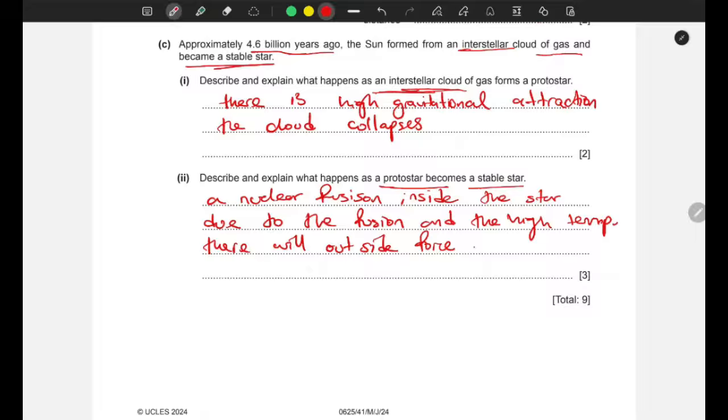So there will be an outward force which balances with the inward force of gravity. When these two forces balance and cancel out each other, a stable star forms.